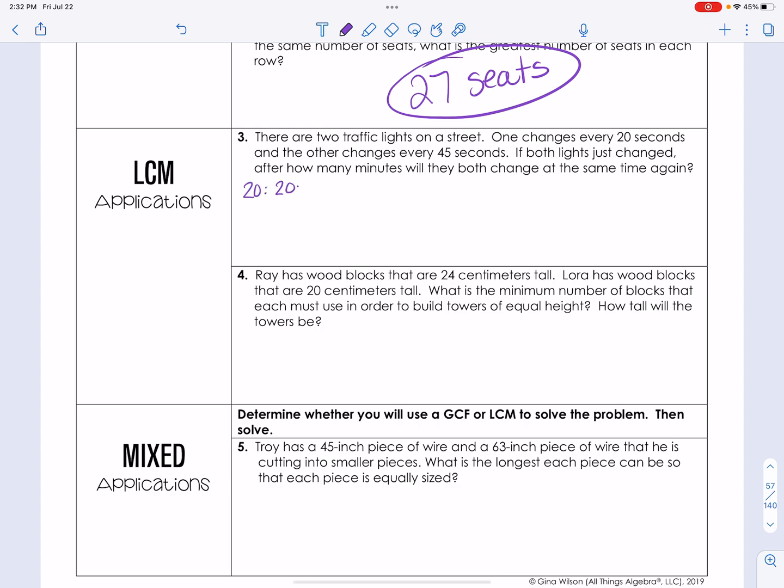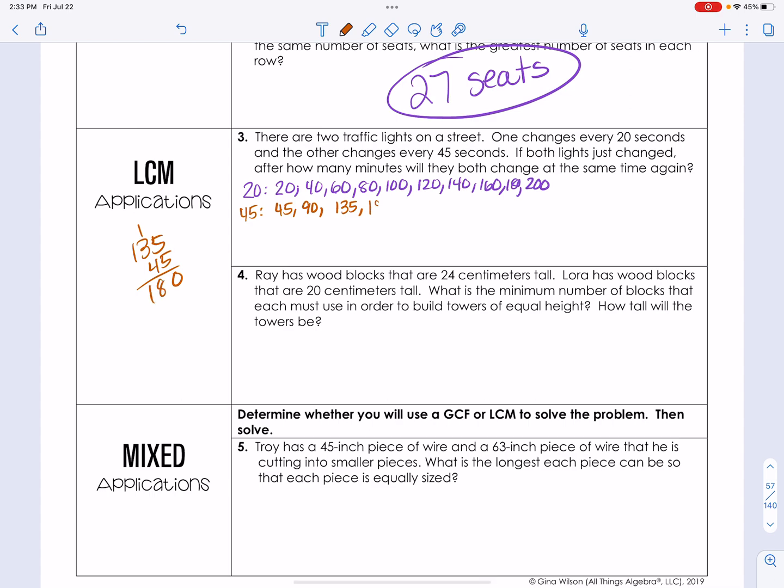So that's 20, 40, 60, 80, 100, 120, 140, 160, 180, 200. Okay, I'm listing all of those. And now on 45, I would have 45, 90, 135, 135 plus 45, ooh, 180.